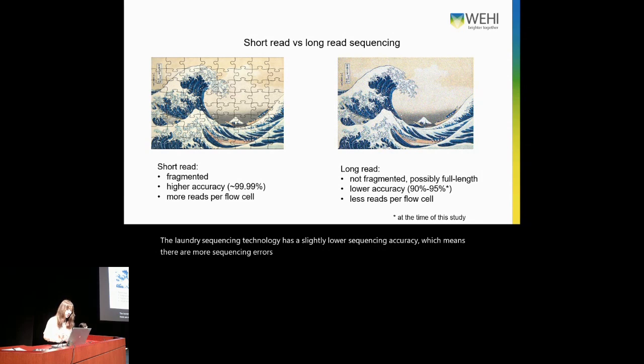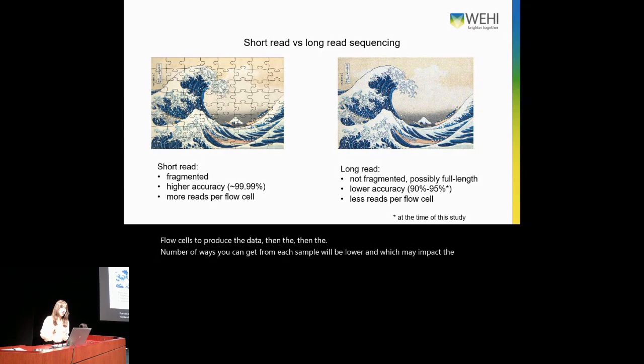Also, the number of reads that each flow cell can produce is lower. So if you don't use a high number of flow cells, the number of reads you get from each sample will be lower, which may impact the power of your differential analysis. This means that some pre-built tools for analyzing short-read RNA sequencing data may not be suitable for long-read sequencing.